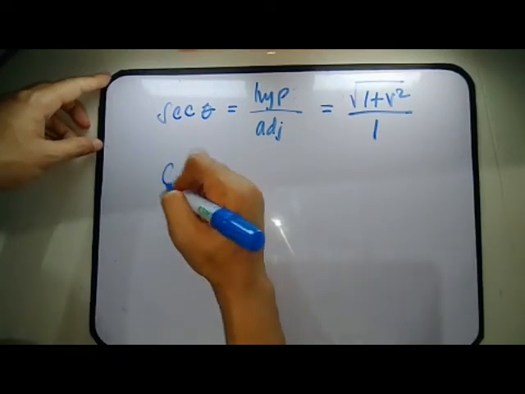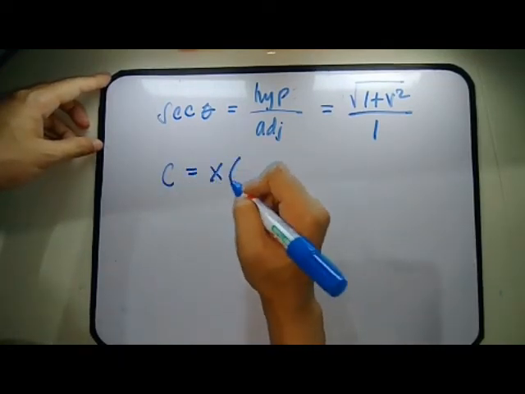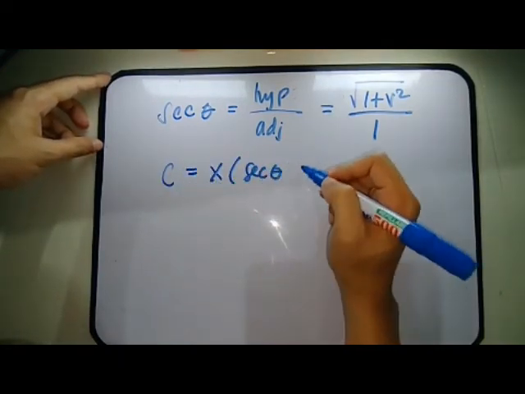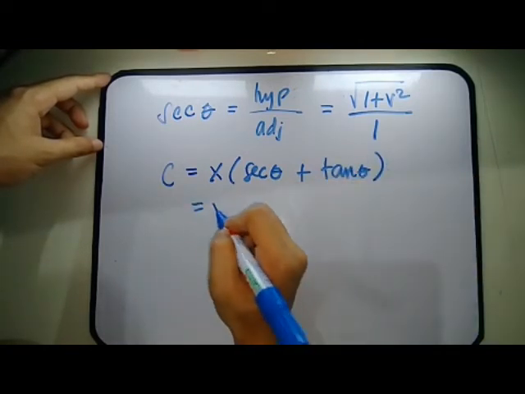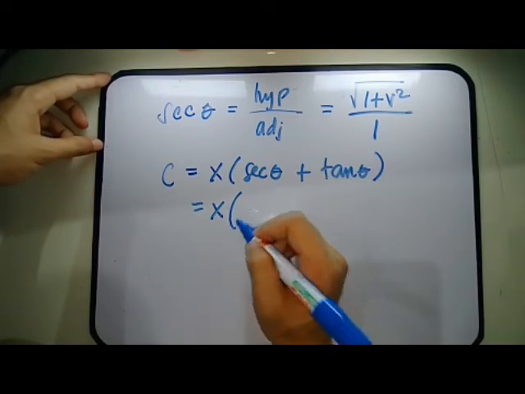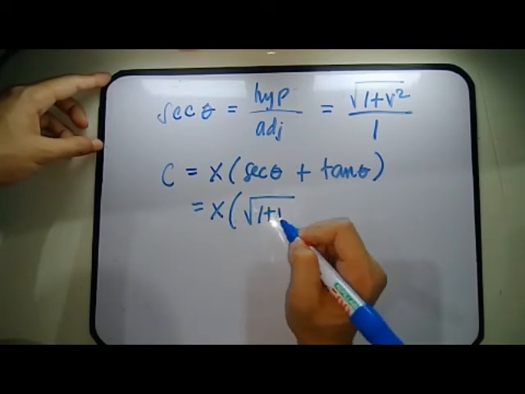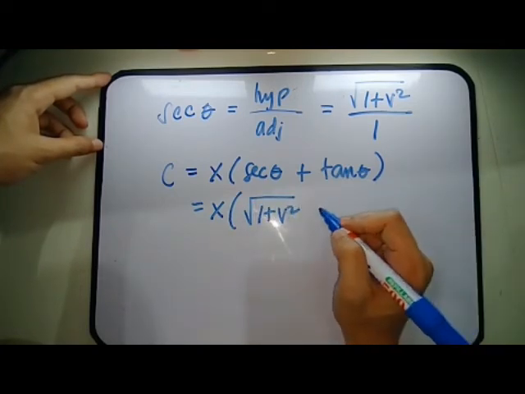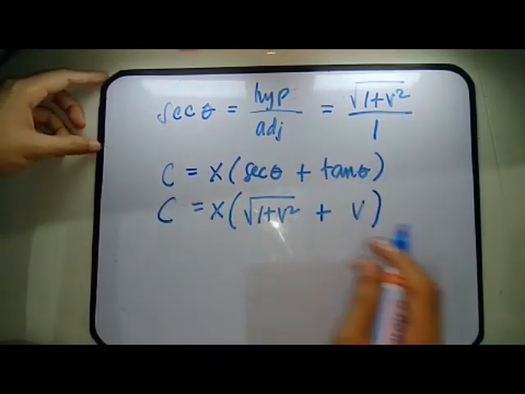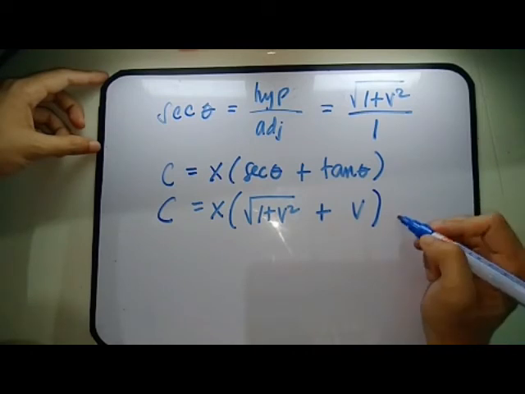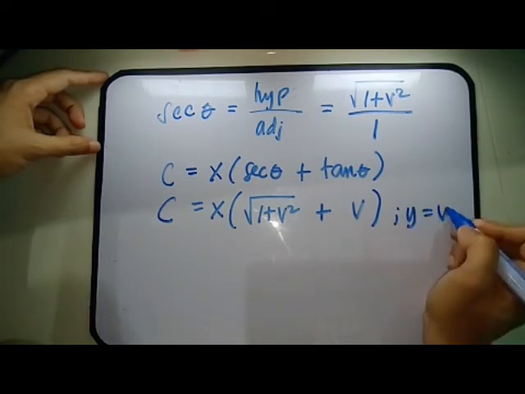We have c equals x times secant of theta plus tangent of theta. So, x, yung secant of theta, that is square root of 1 plus v squared. Then, plus, yung tangent theta is v. Then, yung substitution natin guys kanina, that is y equals vx.